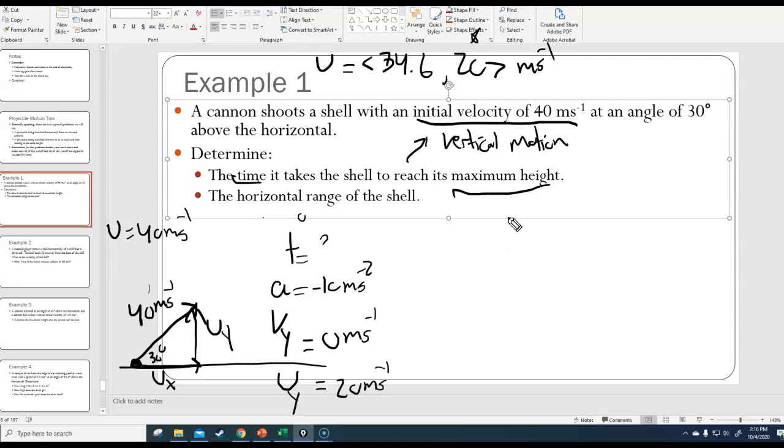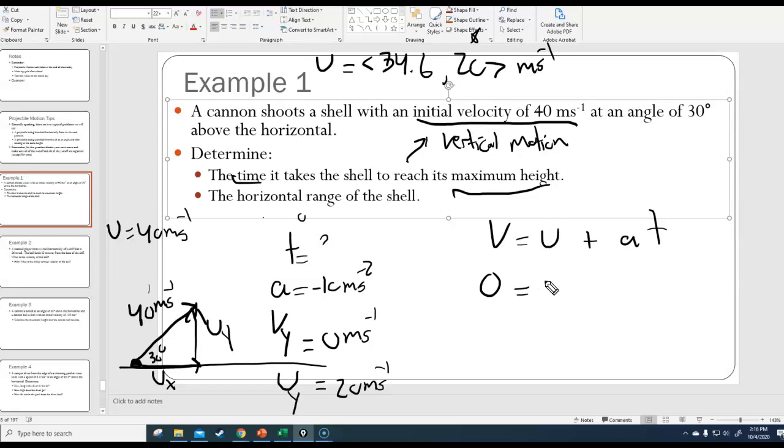Okay, so now when I go to plug in, I'm using the equation v equals u plus a times t. I have 0 equals u, again, is not 40, because this is a constant acceleration equation. I only care about the y component of u, because I only have constant acceleration in the y direction.